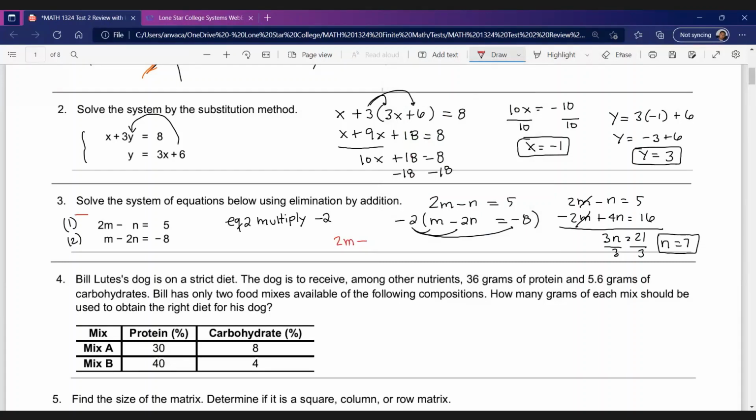I'm using the first equation just because I want to, but you're welcome to use equation 2. n is equal to 7. So to get m by itself, we add 7. We add 7. 2m is equal to 12. After dividing by 2, we have that m is equal to 6.